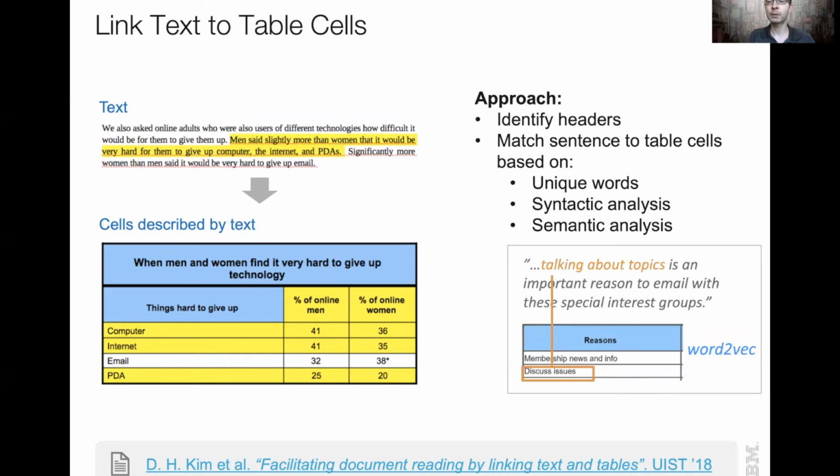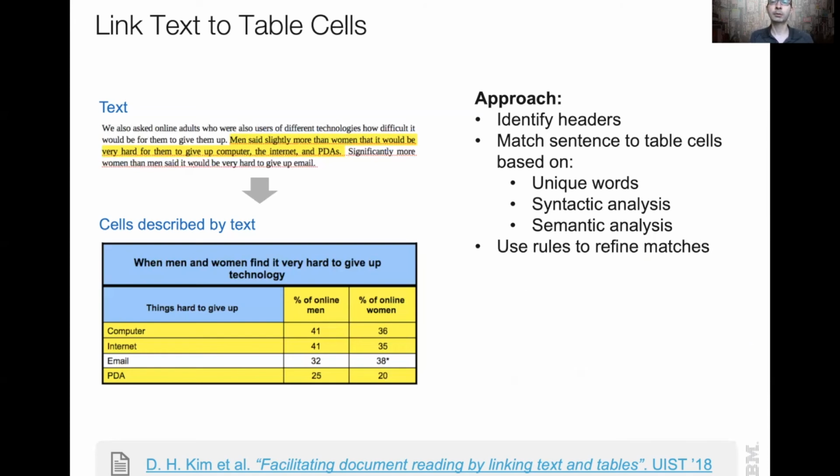This allows them to match phrases that may look very different from each other, but they're talking about the same thing. For instance, phrases such as discuss issues, which is semantically equivalent to talking about topics. And finally, being a pragmatic approach, it also employs rules to further refine the matches.